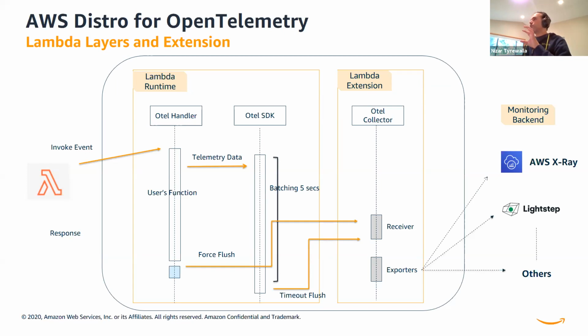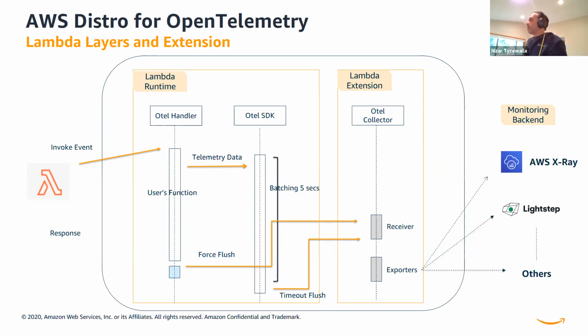What happens when the function invoke ends, right? So you have stopped invoking the function. What we do is we do a force flush. There might be some telemetry data that has not been sent out because the 5 second timeout has not been reached. So we do a force flush and we signal the Lambda extension, which has the collector, saying that, hey, we are ready to send the data out.